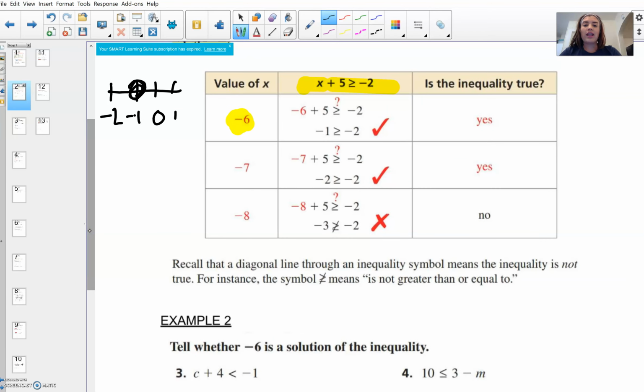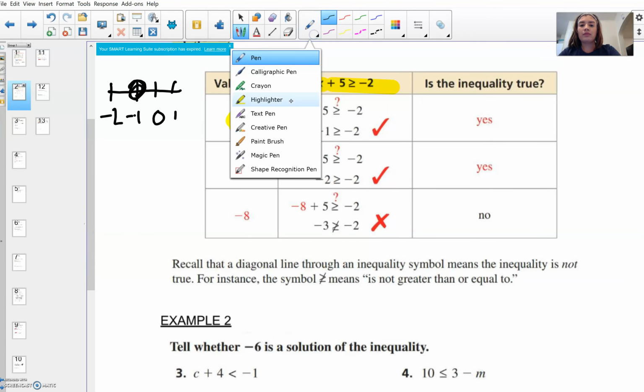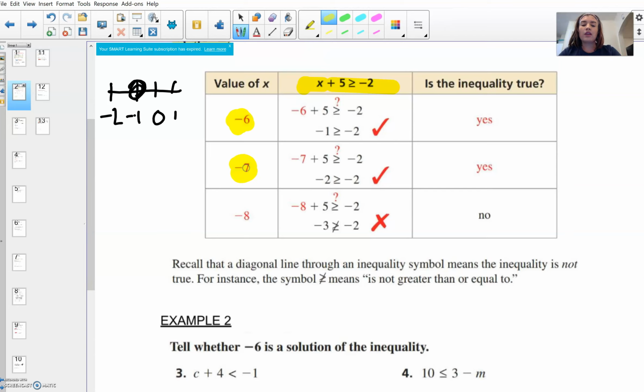Okay, then we try negative 7. So negative 7 plus 5 equals negative 2. So is negative 2 greater than or equal to negative 2? Yes, we know negative 2 equals negative 2, so this inequality is true. Okay, now we're going to try negative 8. We're plugging that in to get negative 8 plus 5, which equals negative 3.